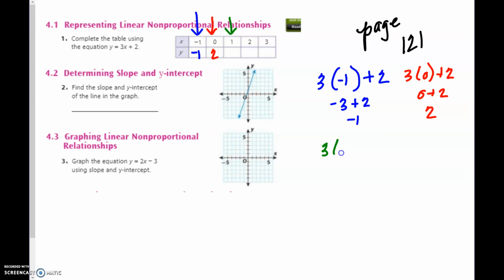So 3 times 1 plus 2. 3 plus 2 is 5. All right, and then they want us to put in a 2. 3 times 2 plus 2, 6 plus 2 is 8.